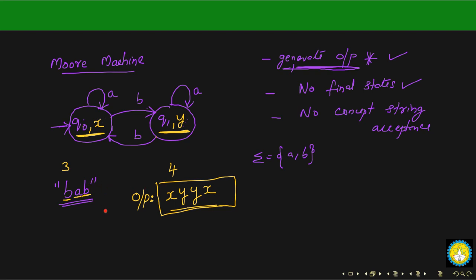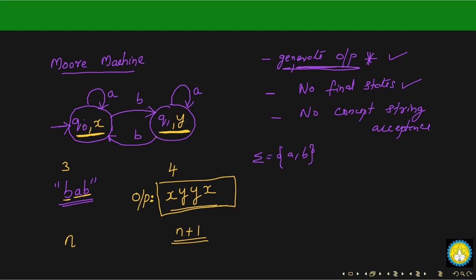So the idea here is that if you have n elements in your string, then you will have n plus 1 characters in your output. So n characters in your string will mean n plus 1 characters in your output. This is also very important.